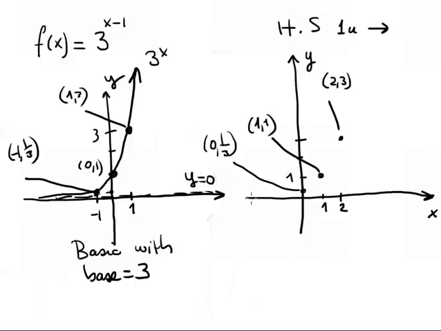The motion is horizontal, so it doesn't change. The horizontal asymptote stays the same at y equals 0, and we connect the points. The only thing we are doing is a horizontal shift 1 unit to the right. That's it.